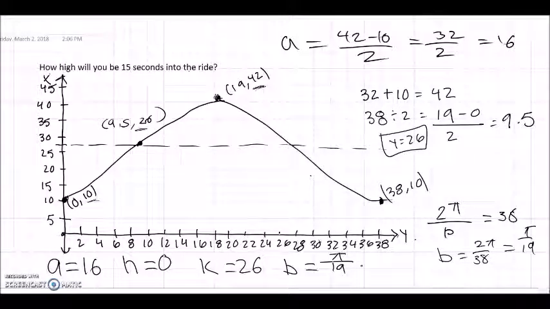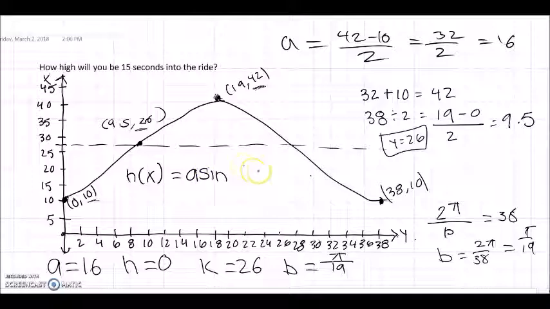And the way we are going to put our equation is that h of x equals a sine parentheses b x minus h parentheses close parentheses plus k.